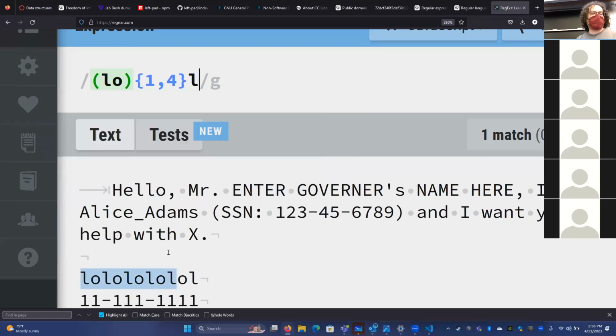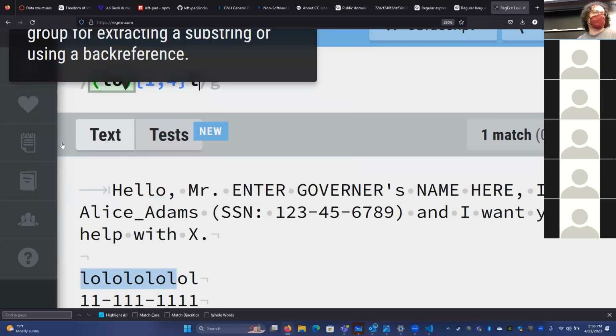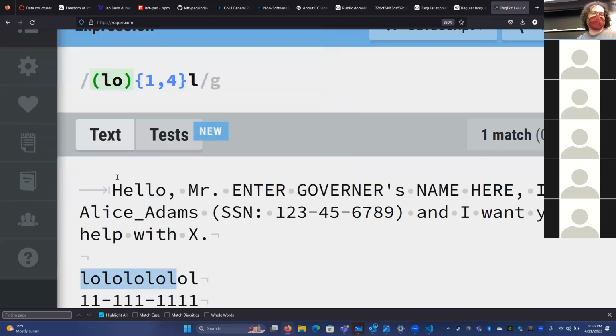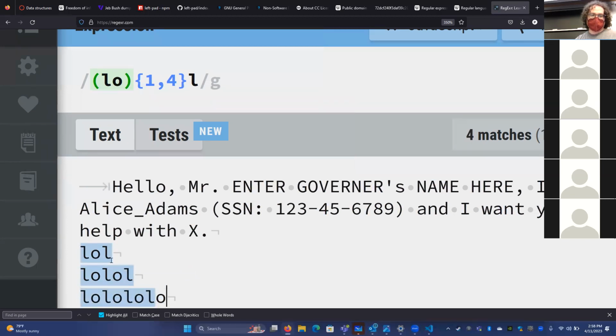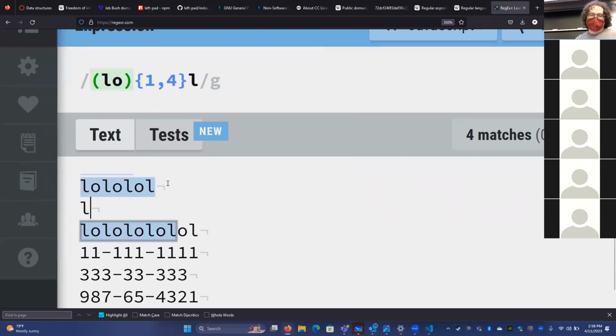I only want a LOL that is at most 4 LOs long. So this matches LOL, LOLOL, LOLOLOL. See, it's matched 1 of these, 2 of these, 3 of these, and then it matches 4 of these.